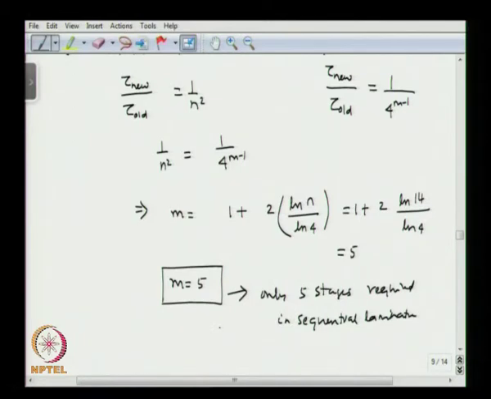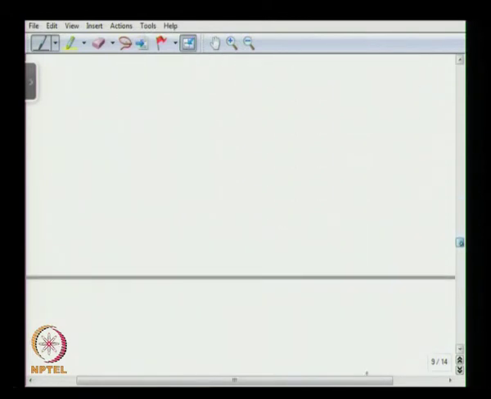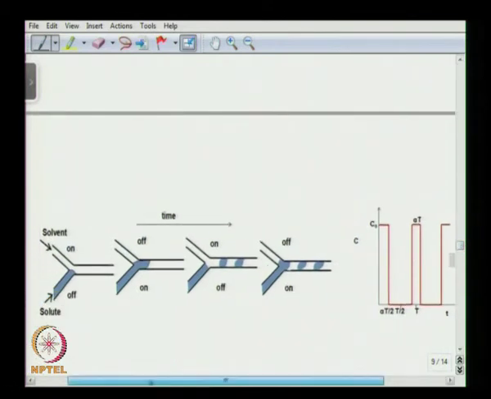So with that let us talk about sequential segmentation based mixing. In sequential segmentation the mixing is going to happen along the direction of the flow.